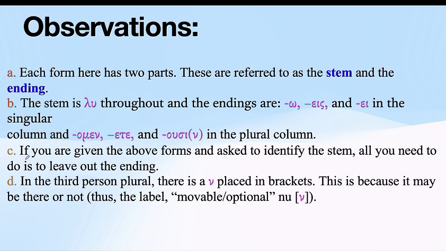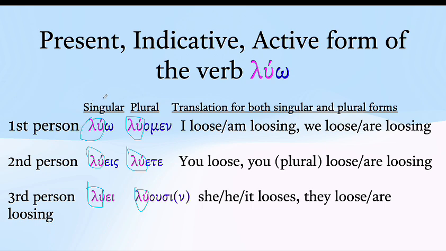So if you are given the above forms and asked to identify the stem, all you need to do is leave out the endings. If you are asked to give the stem, you just remove the blue ones. If you are asked to give the endings only, you just remove the stems.